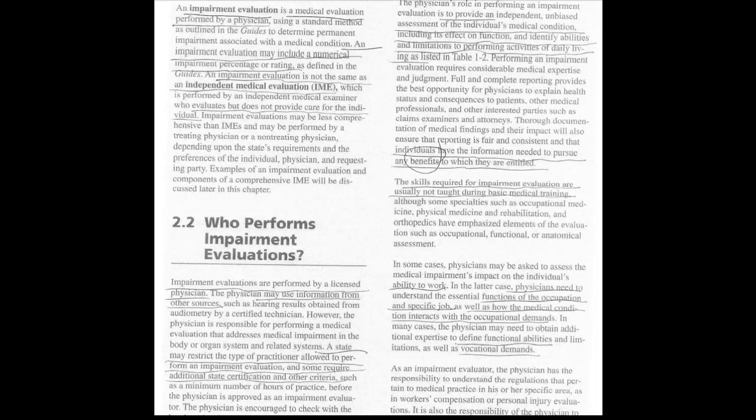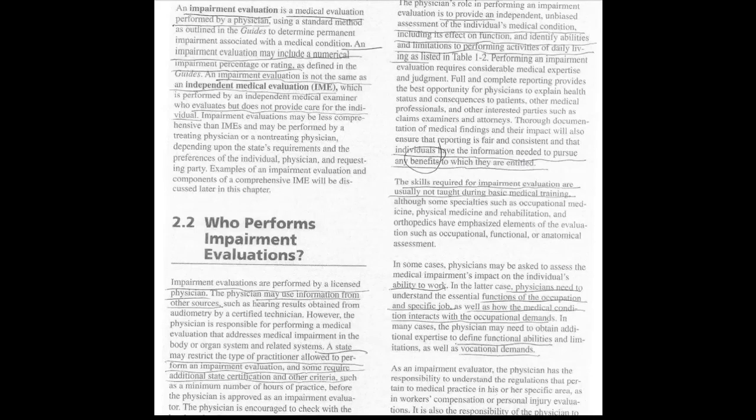Okay, so it says the physician may be asked to assess the medical impairment's impact on an individual's ability to work. In the latter case, physicians need to understand the essential functions of the occupation and specific job, as well as how medical conditions interact with occupational demands. In many cases, a physician may need to obtain additional expertise to define functional abilities and limitations as well as vocational demands.